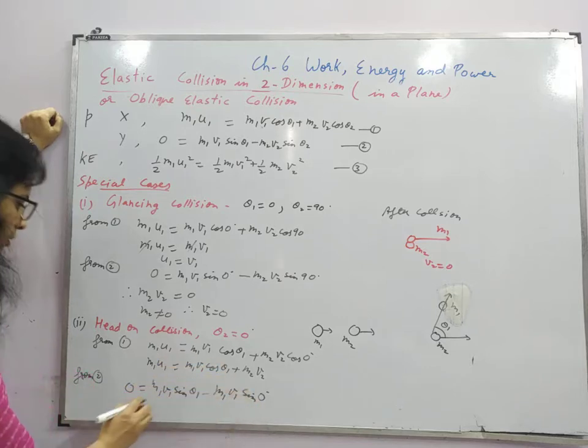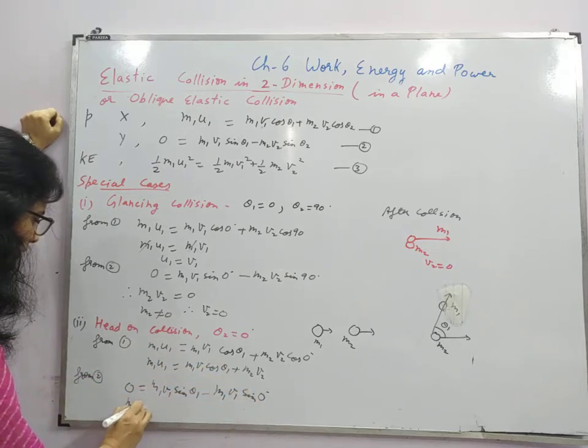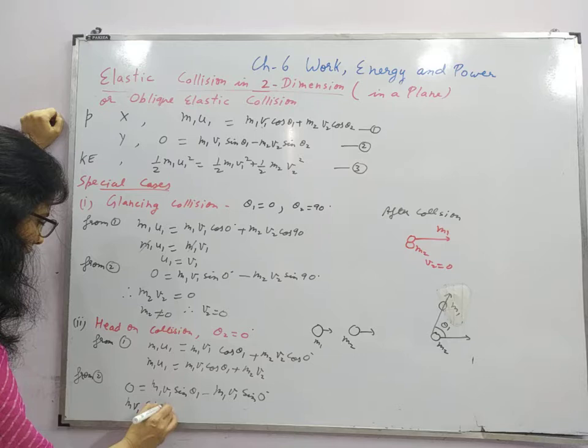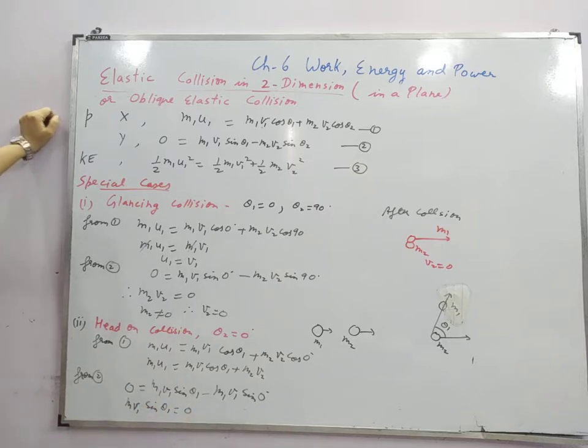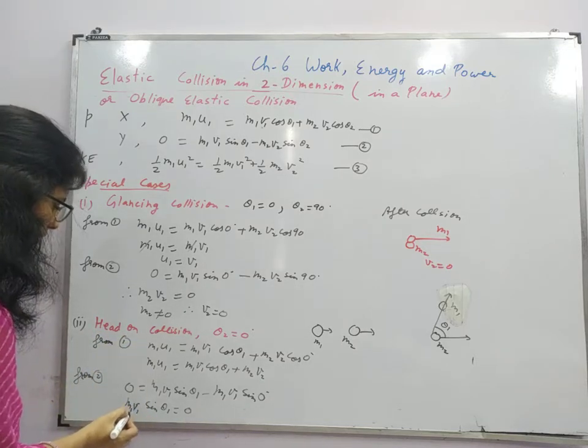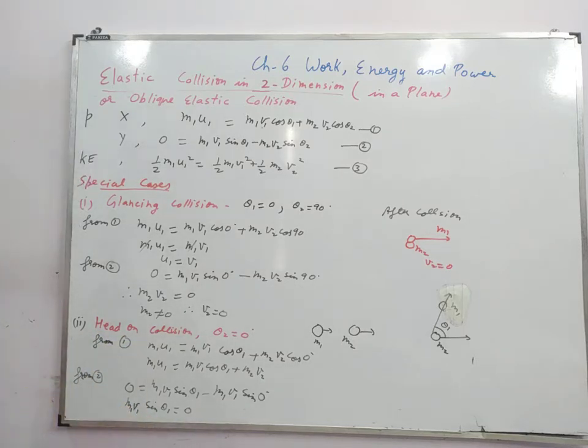Sin 0 is 0, so m1 v1 sin theta 1 is equal to 0. That means the vertical component of the first mass will be 0, right? So the target moves along the direction of the hitting particle.